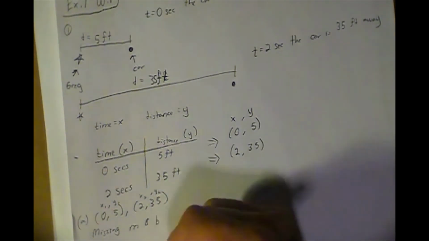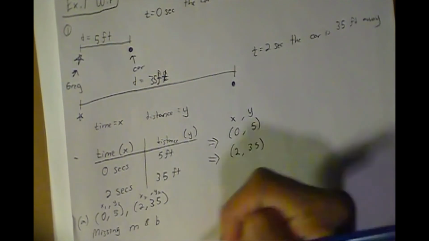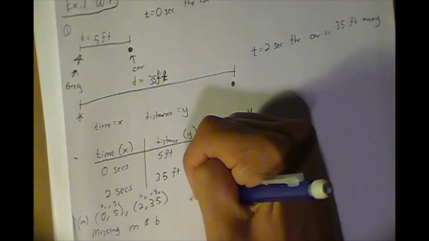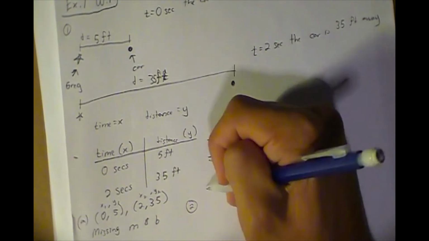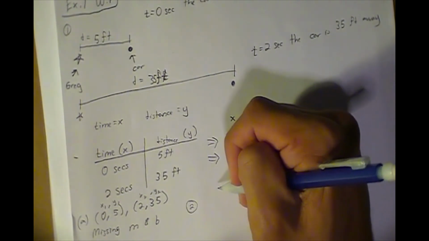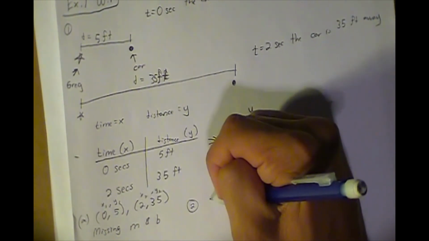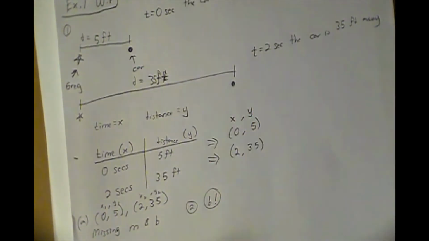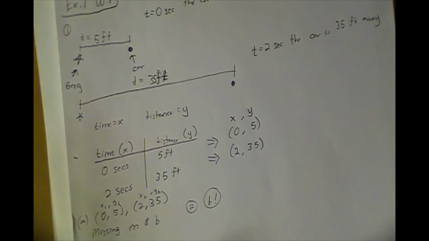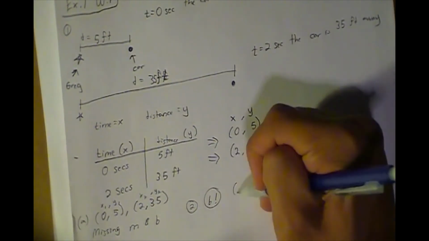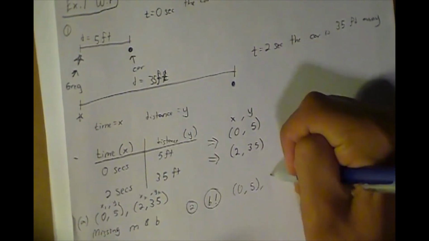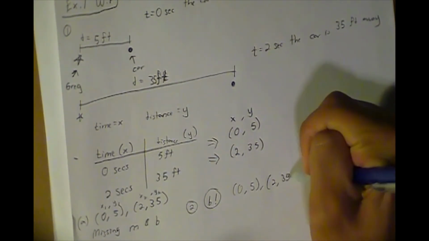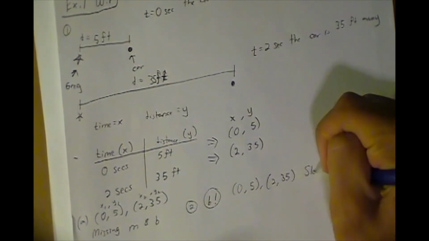Now we have our m. m is equal to 15. Second step is to identify the fact that we're only missing b now. That's all we're missing. So now we have our 2 pairs and our slope.